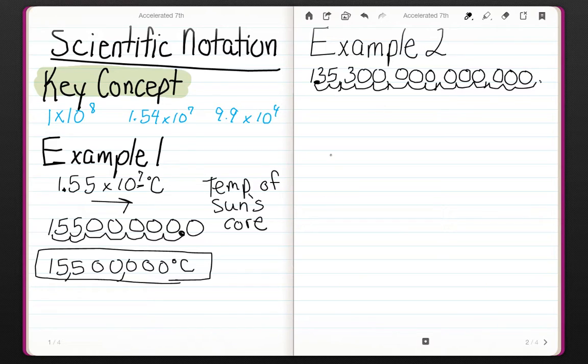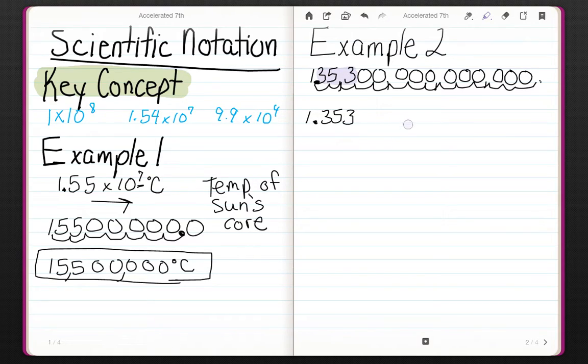Because remember, my first factor has to be greater than or equal to 1, but less than 10. I'm going to keep the 3, the 5, and the 3 as part of my number.